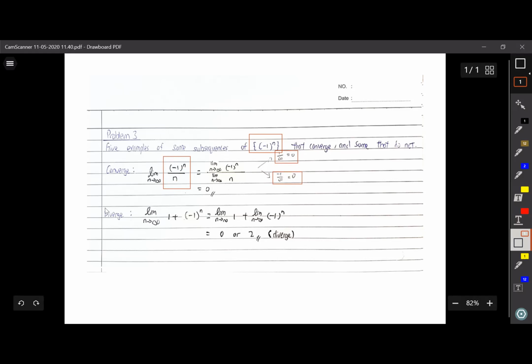For the second one, to make it diverge, this one is not diverge already, but it still fulfills what the question needs. It is oscillating, because (-1) to the power of n itself does not converge to a certain number, so if you add or subtract a constant it will still not converge.